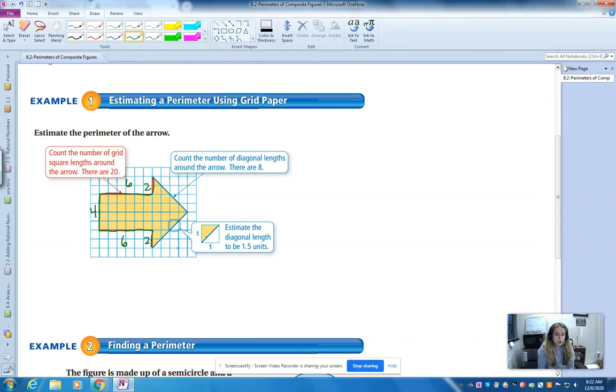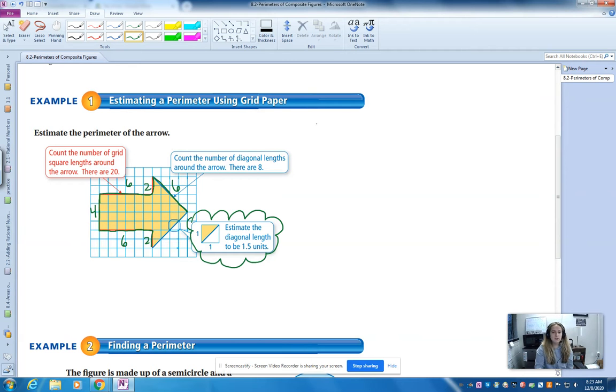Now, this part, write this down. The diagonal lengths on a grid paper are equal to 1.5 units. Not 1, it's equal to 1.5. So how you're going to count: you're going to go 1.5 plus 1.5, that's 3, plus 1.5, that's 4.5, plus 1.5, that's going to be 6.